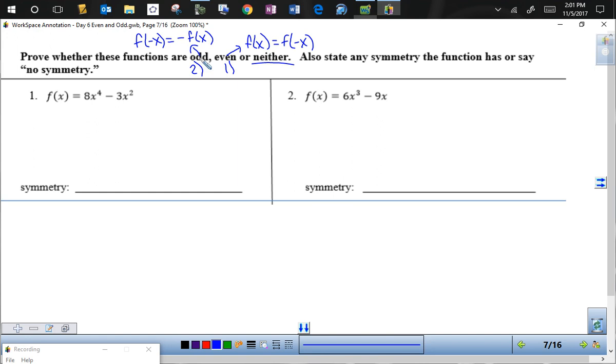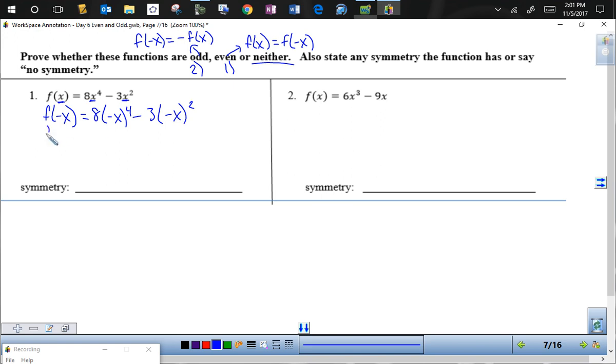So f of x here, we've got 8x to the fourth minus 3x squared. We're going to take a look at f at negative x. Just like our equation in x here, we need to switch all of our x values with a negative x and simplify. So 8 times negative x to the fourth power minus 3 times negative x squared.